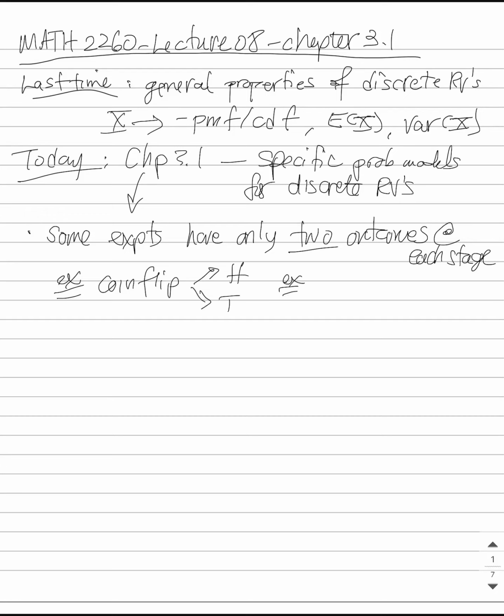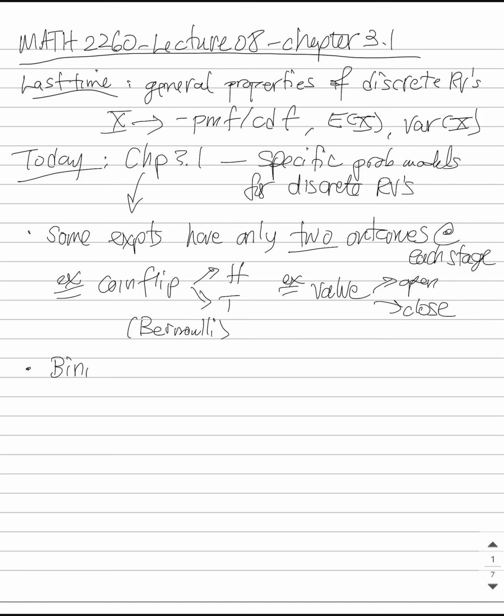You can think about opening a valve. If you open a valve, it's either open or it's not. Many things are binary in this sense, 0 or 1. Sometimes this is called a Bernoulli trial, when all you have is two outcomes, success or failure.